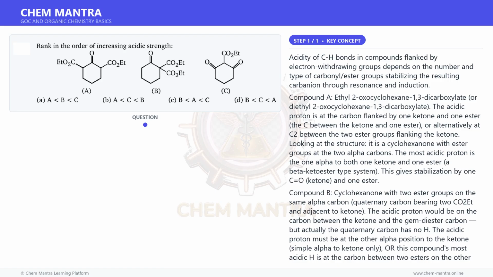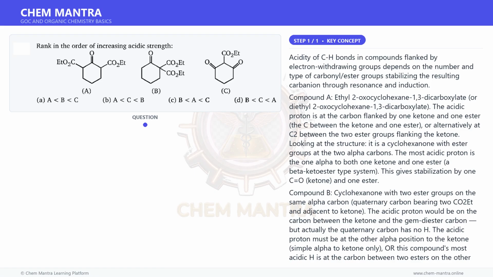Compound B, cyclohexanone with two ester groups on the same alpha carbon, a quaternary carbon bearing two CO2Et and adjacent to the ketone. The acidic proton would be on the carbon between the ketone and the gem-diester carbon, but actually the quaternary carbon has no H. The acidic proton must be at the other alpha position to the ketone, simple alpha to ketone only.